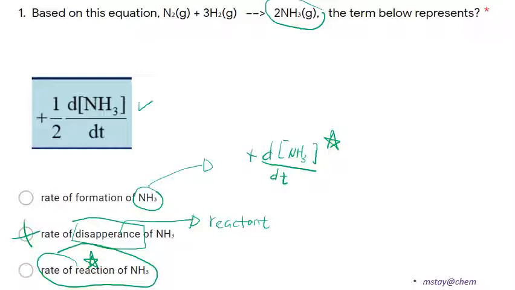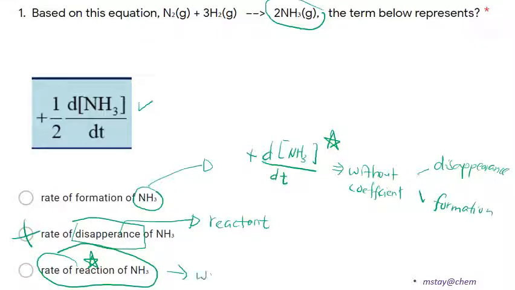So that's why in class I let you know that without coefficient, it is either rate of disappearance if it is the reactants, or rate of formation, while with coefficient it will be the rate of reaction.